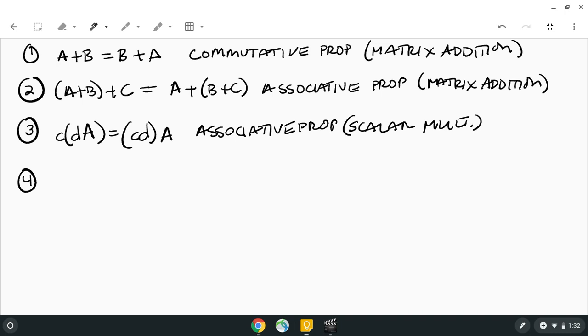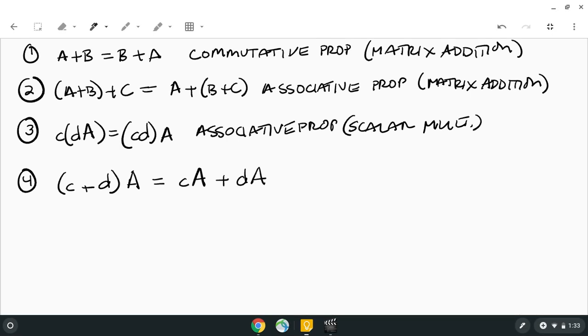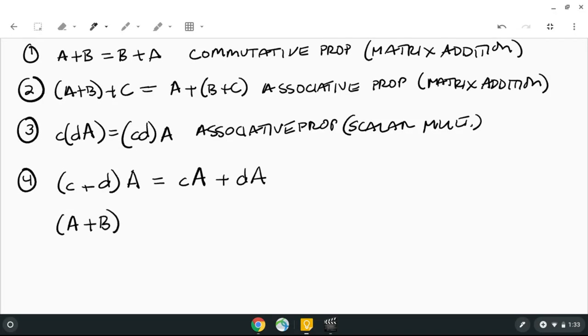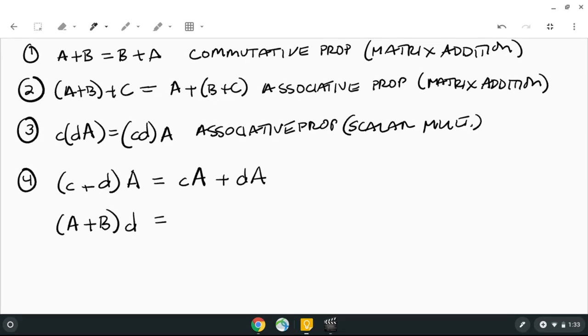If you have two scalars, lowercase c plus lowercase d, times matrix A, that equals lowercase c times A plus lowercase d times A. And if you have two matrices inside the parentheses and a scalar, I'll use d, you'll still get A times d plus B times d.